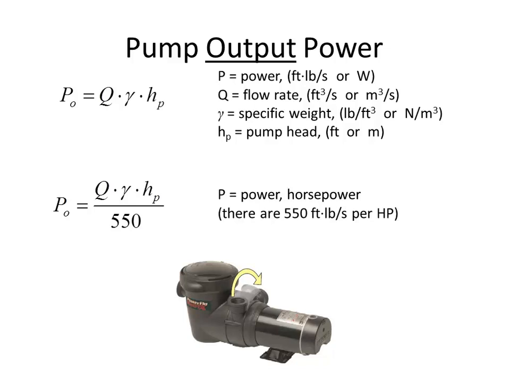So here is the pump output power. In traditional units, there are 550 foot-pounds per second per horsepower, and the pump curve we were looking at before listed the power in horsepower.